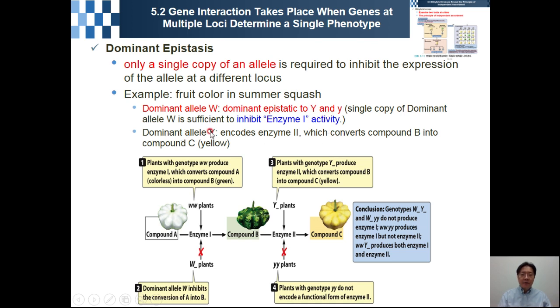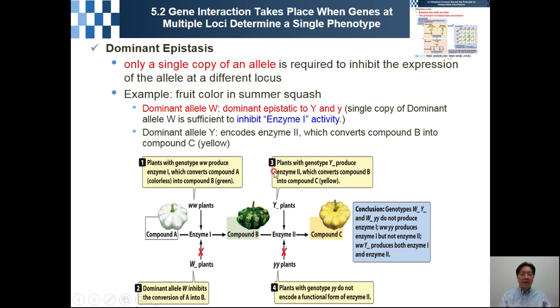How about the large Y allele? The large Y allele is dominant over the small y allele. The large Y allele encodes enzyme 2, which converts compound B to compound C. Compound B is green and compound C is yellow.